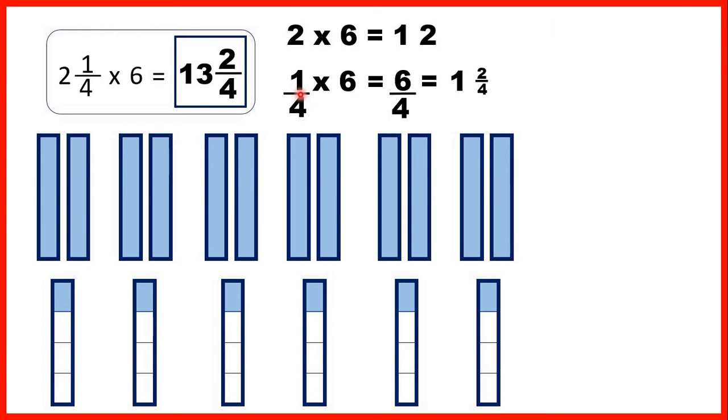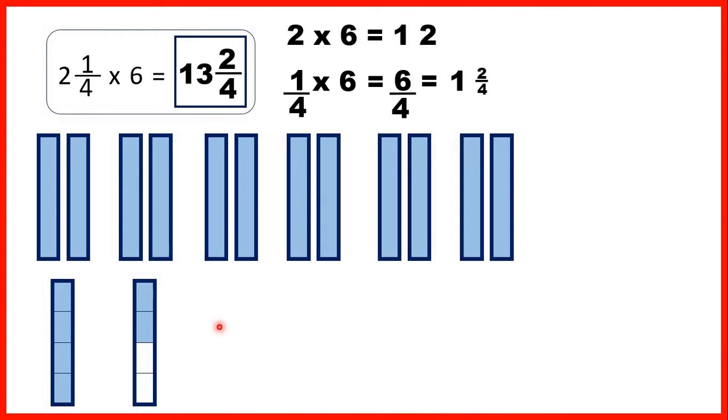Then we did 1/4 times 6 to get 6/4. Remember, each of these parts is 1/4, and we have 6 of them, so we have 6/4. But remember, we divided 6 by 4, and that gave us 1 remainder 2, so 1 and 2/4. And you can see, if we regroup these fraction parts, we now have lots of empty bars, which we can just ignore.